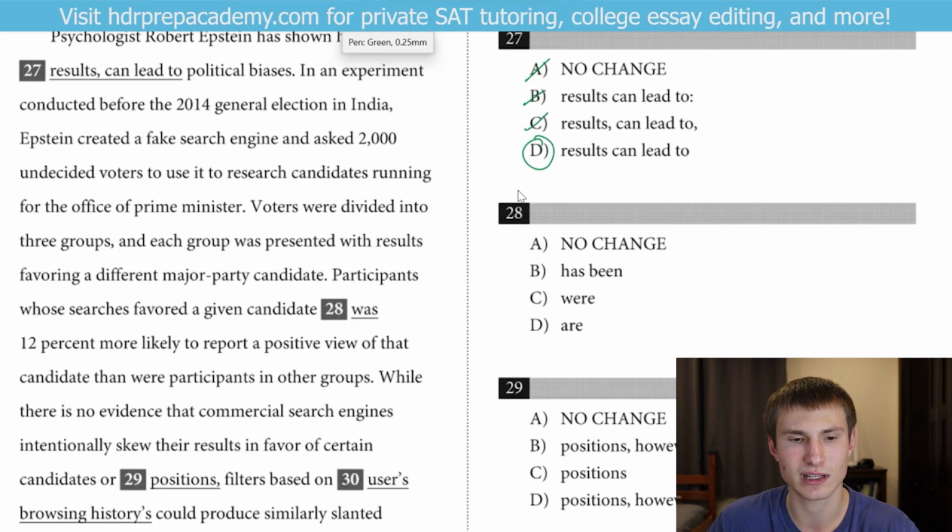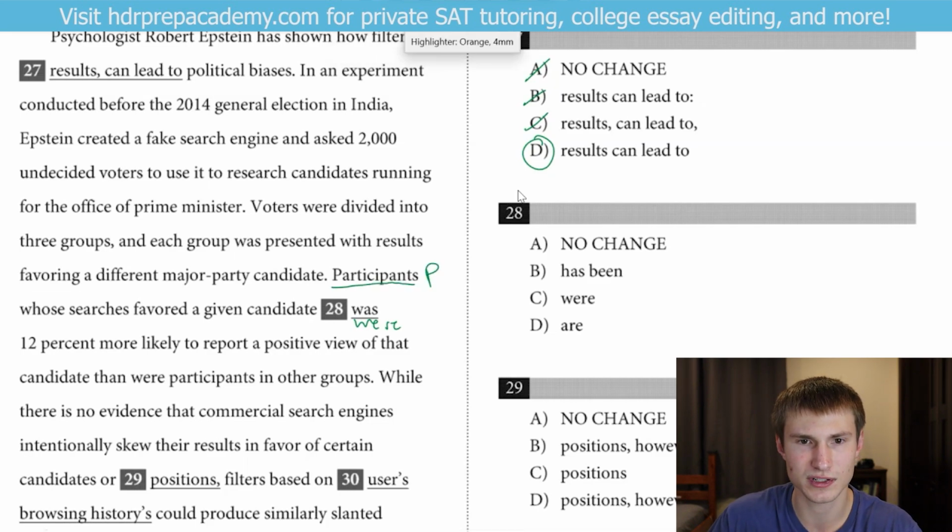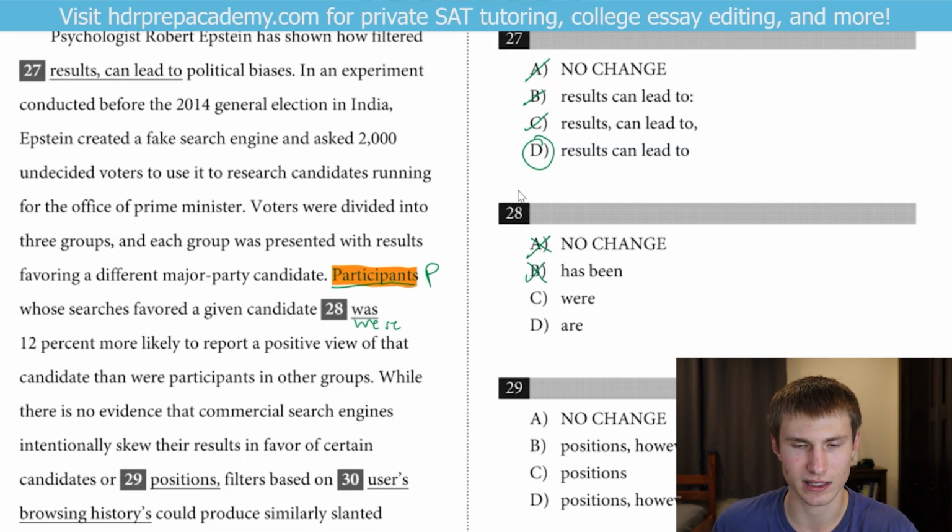Participants whose searches favored a given candidate, and this has to be were. How do I know that? Well, I know that I have a plural subject in participants, so I need a plural verb. Was is a singular verb, so I can get rid of that. Has been is also singular, so I can get rid of that. If I look at are, that is plural, but in this case we have to keep in mind that this is past tense.